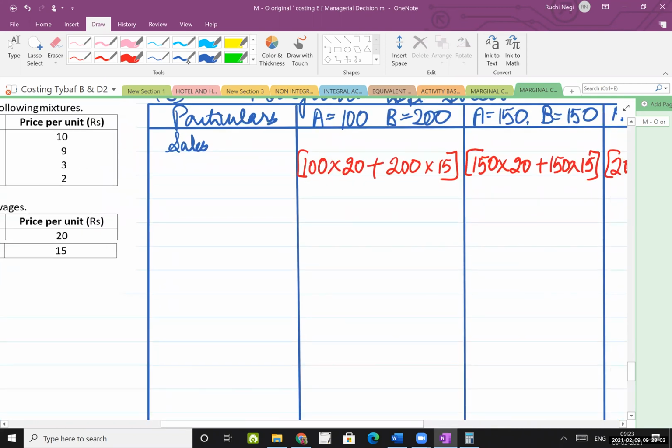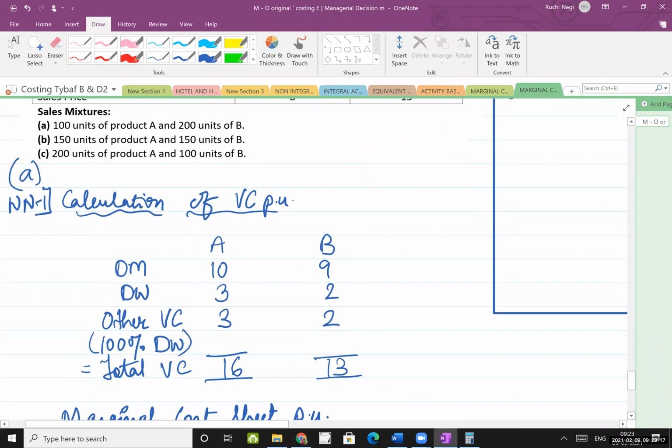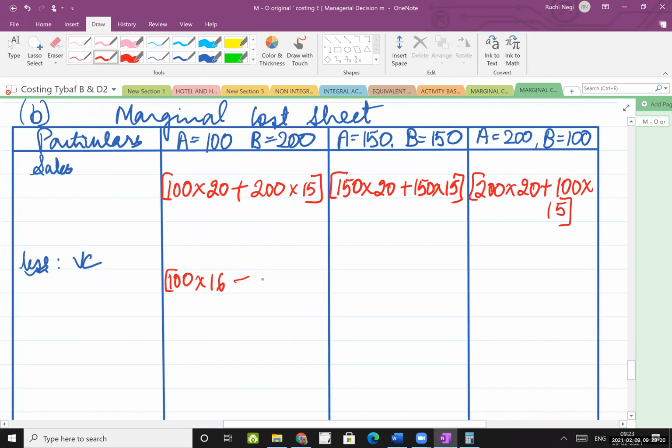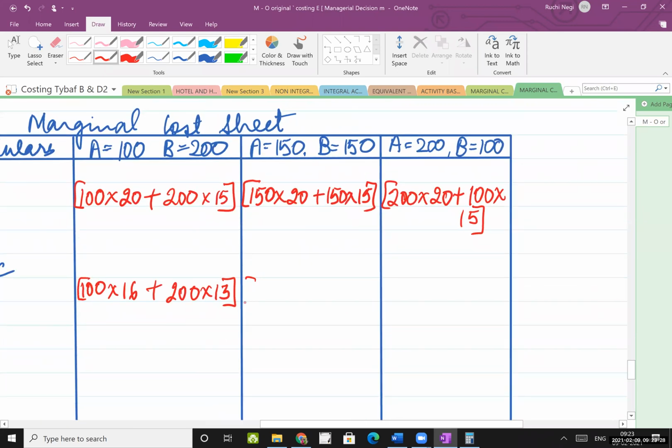Okay. Next is variable cost. Variable cost is same: 100 multiplied with 16 rupees. Variable cost कितना है? 16 and 13. Okay. Plus 200 multiplied with 13 rupees. Same for the next: 150 into 16 plus 150 into 13.